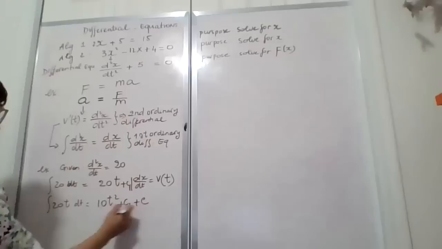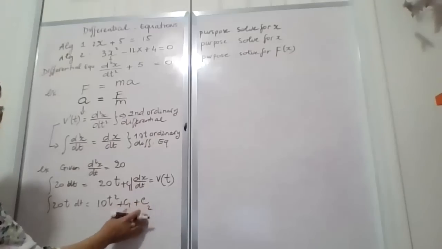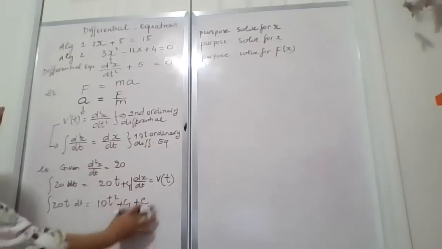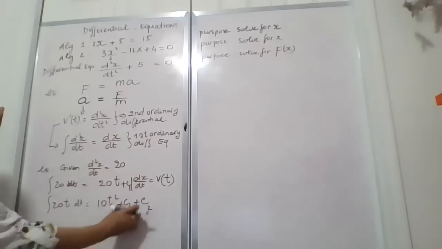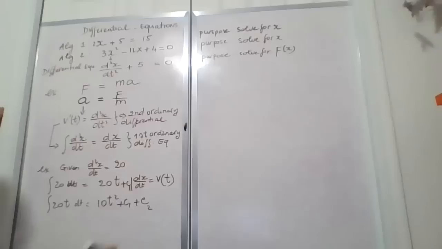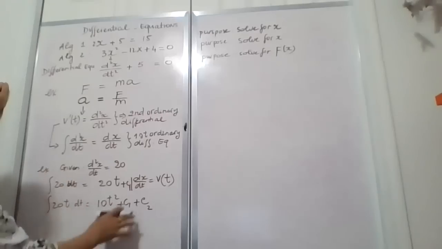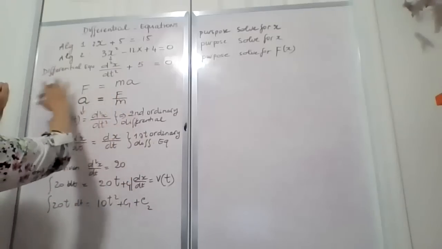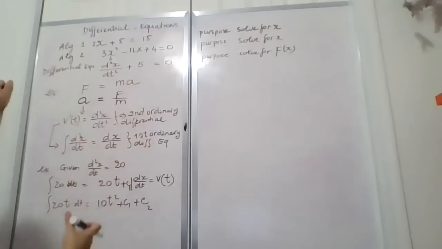Now integrate a second time, we have another arbitrary constant plus c2. And that gives you more information. You can find out what c1 and c2 are and put them back into the equation, right? We did that in the previous lesson. So I just want to recall some previous concepts and connect them to your new formula of differential equation.